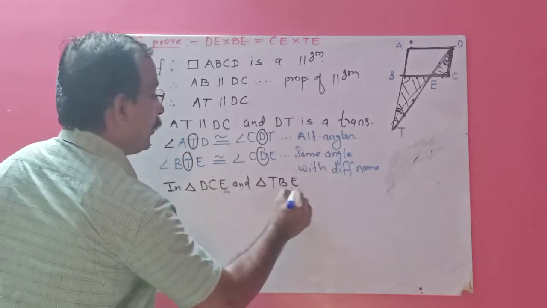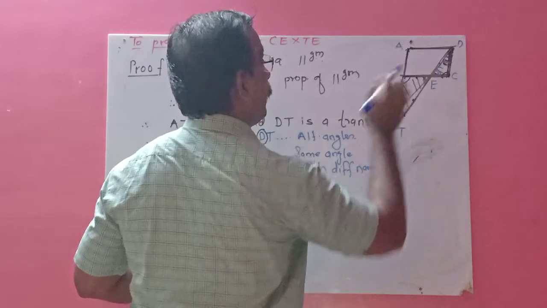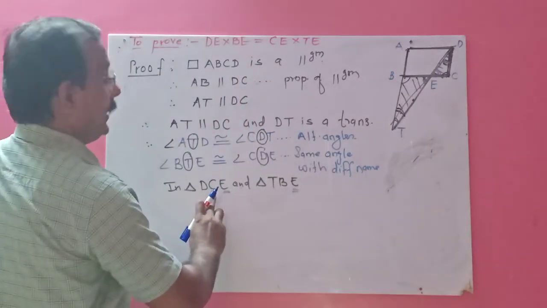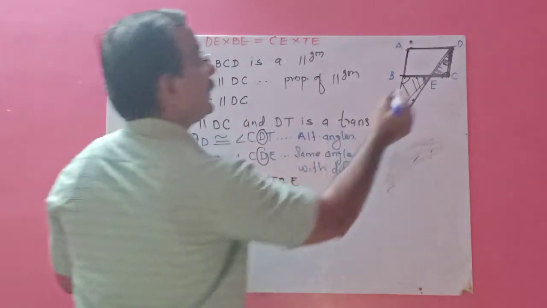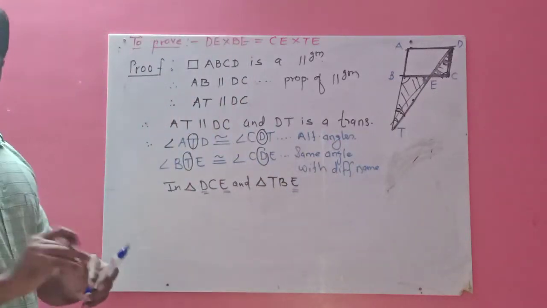See here E is congruent to E. This E is congruent to E. Why? Vertically opposite angle. Then D is congruent to T. This D is congruent to T. So this becomes congruent. Understood this?